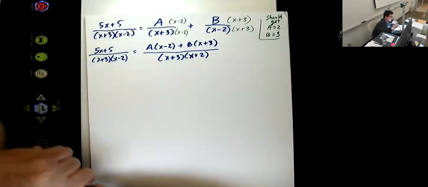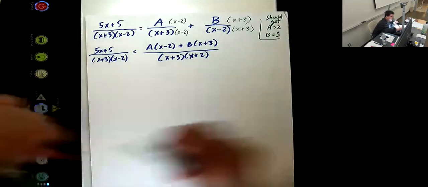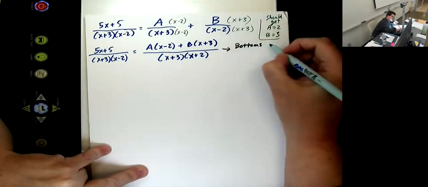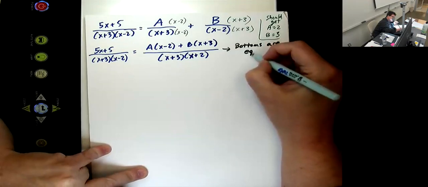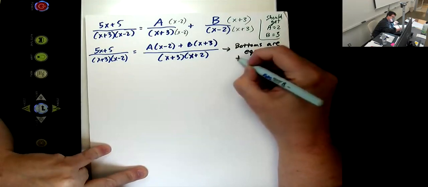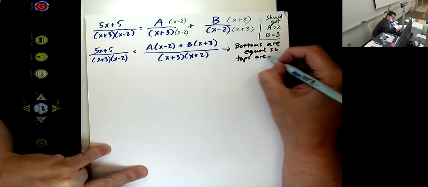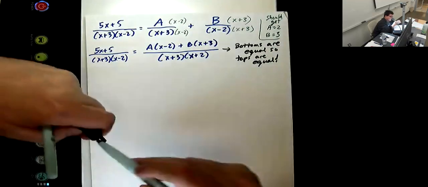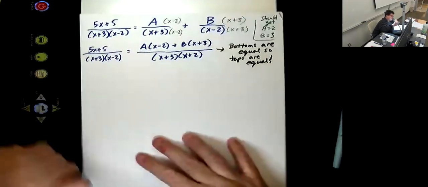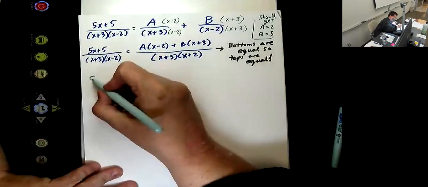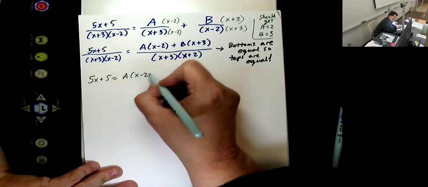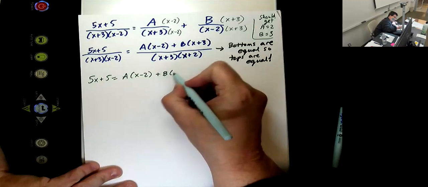So where we go from here is: bottom's equal, so top's equal. So I have 5x plus 5 equals A times x minus 2 plus B times x plus 3.